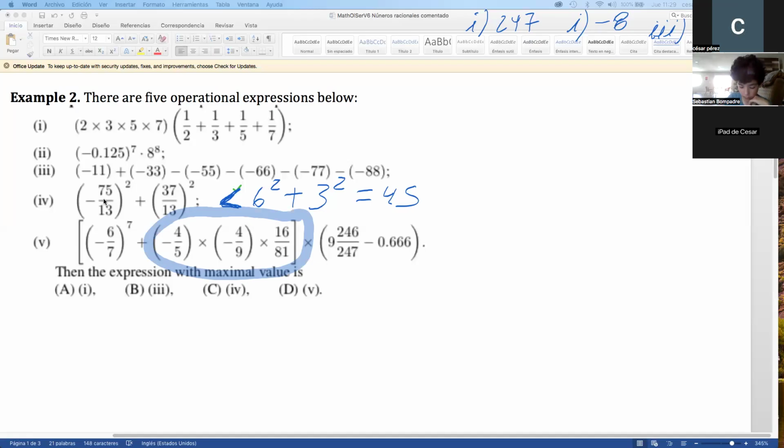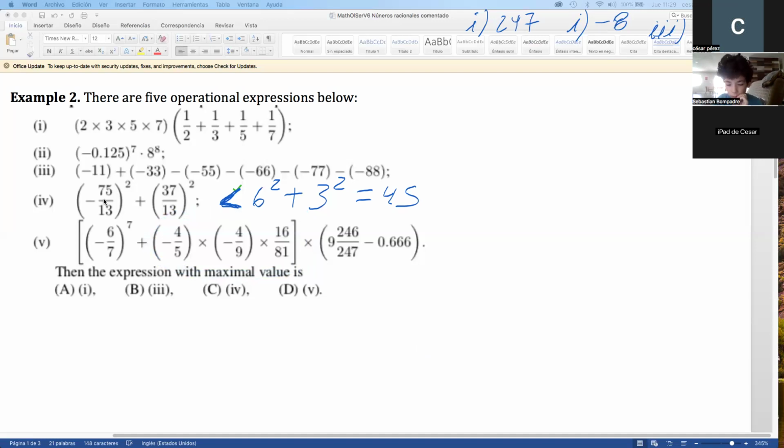It's going to be smaller than 10 minus 2/3, and since 10 minus 2/3 is smaller than 247, it means that it's not as big as number 1.